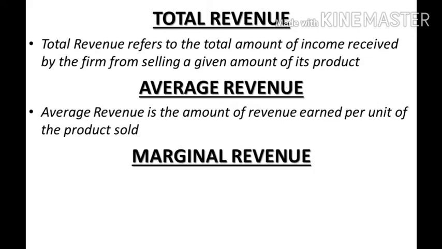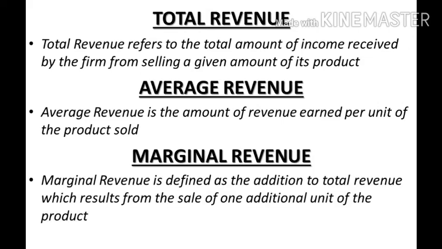Then marginal revenue is defined as the addition to total revenue which results from the sale of one additional unit of the product. We can generalize it in algebraic form: marginal revenue resulting from the sale of the nth unit of a commodity is the change in total revenue when sales rise from n minus 1 units to n units per period.